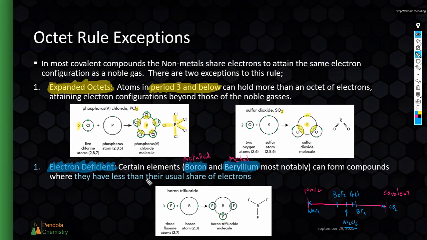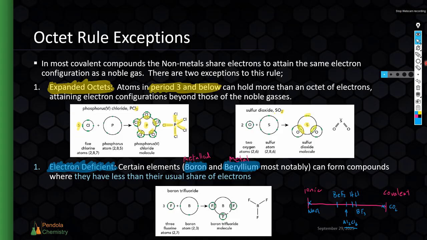Now, to go back to the original point, we have elements, either boron or beryllium, that don't have all 8 valence electrons that we need.